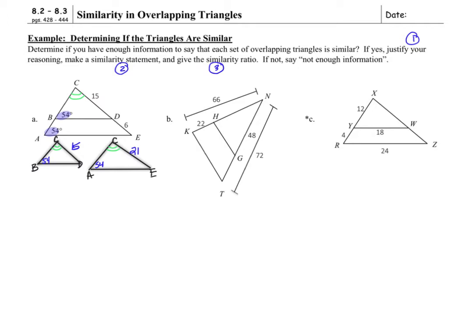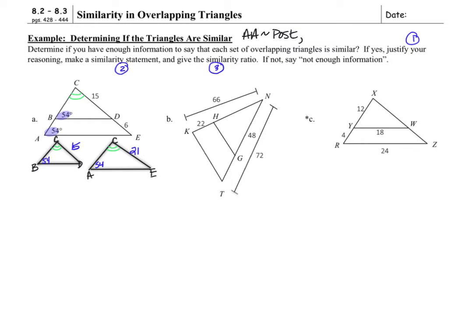First, let's review what our similarity postulates and theorems are. We have the angle-angle similarity postulate, which states that if two angles of one triangle are congruent to two angles of another triangle, then the triangles are similar.